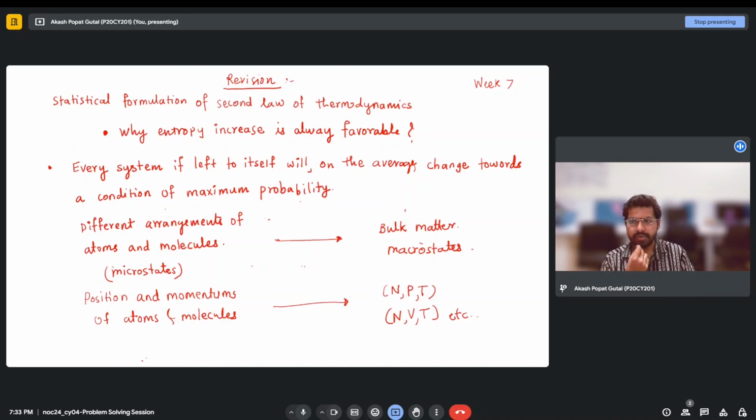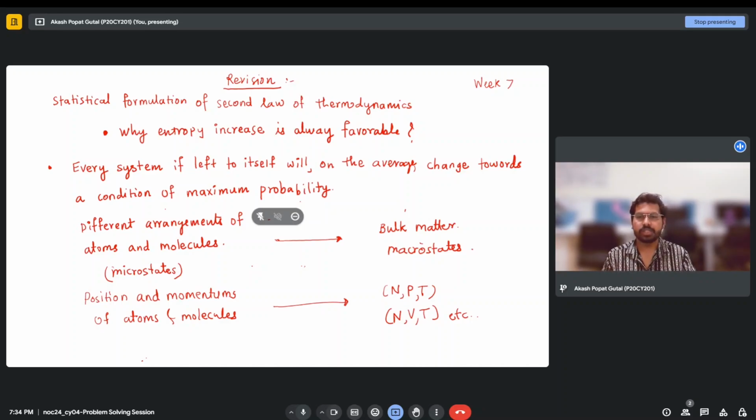For that, we started discussing the microscopics of the given system, and we have seen that every system left to itself will on the average change towards the condition of maximum probability.